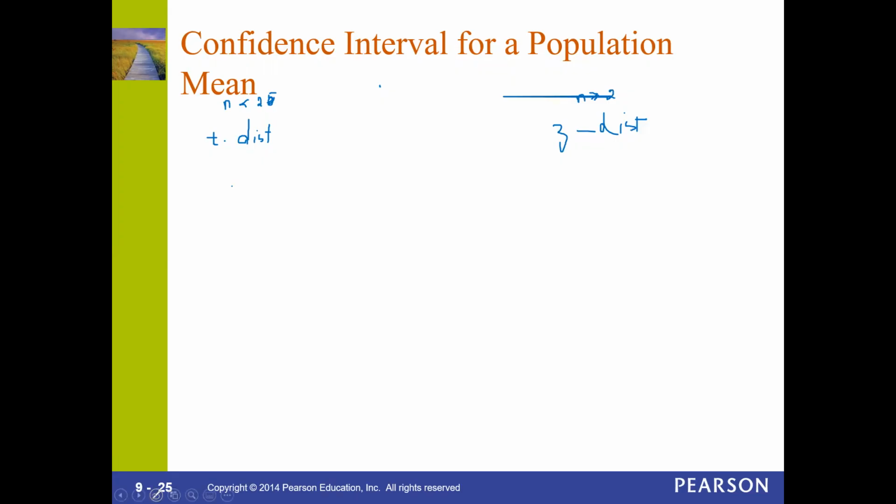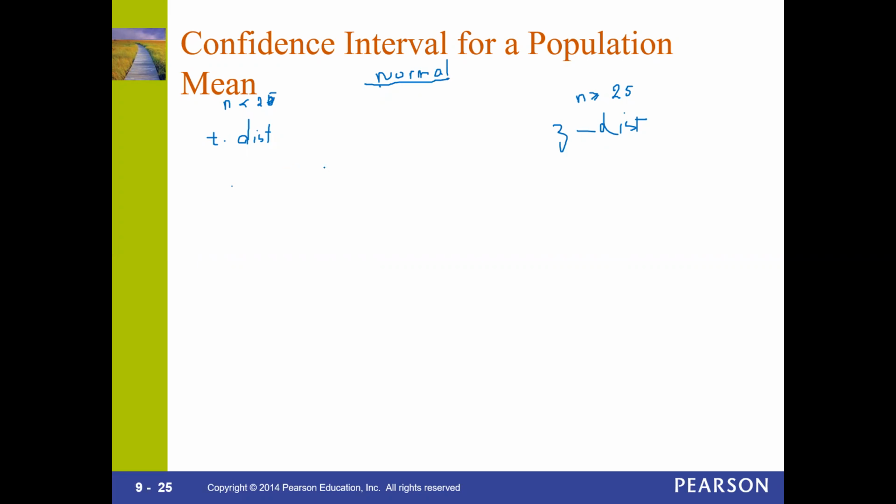In those cases, we assume that the data are normal, meaning they have a bell shape. The same pattern applies all the time for both cases.